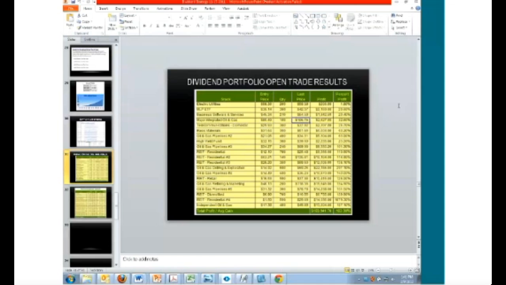So in the case of the dividend portfolio, I would pick 5 stocks that are in different categories, maybe a mortgage real estate investment trust, maybe an equity real estate investment trust, maybe an oil and gas pipeline, maybe a fertilizer MLP. So I would mix it up and buy 5 stocks in different industries for diversification. And that's a way that you could get started right away in the dividend portfolio by picking out 5 stocks in different industries.